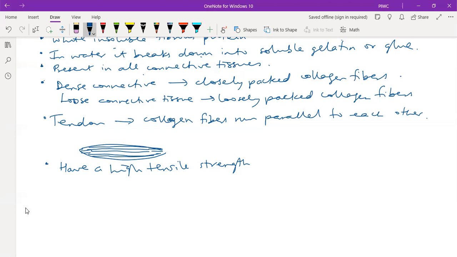Some of the ways in which this content varies is in response to the functional needs. And they are very well illustrated in the structure of the skeletal muscle.